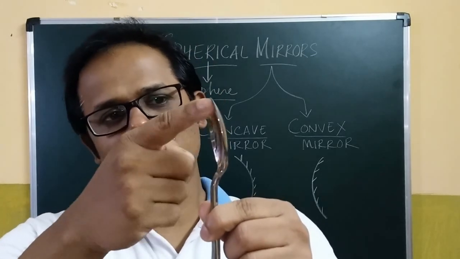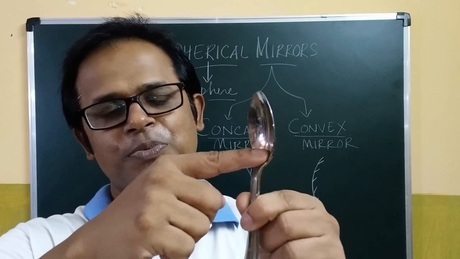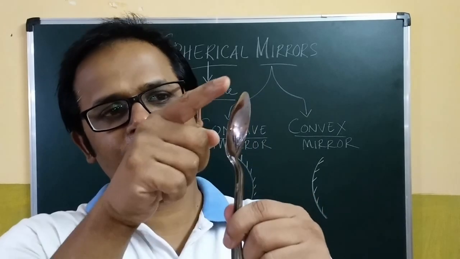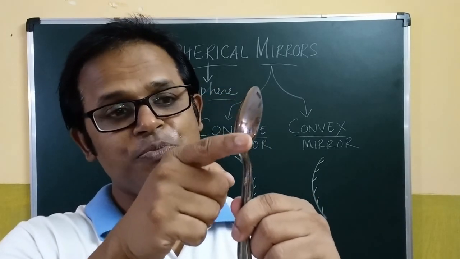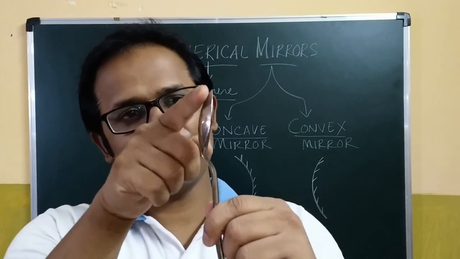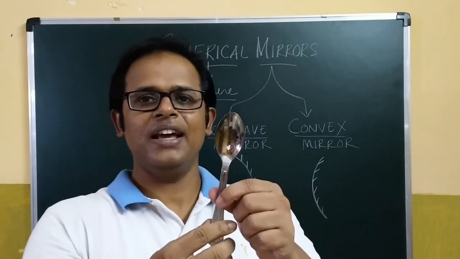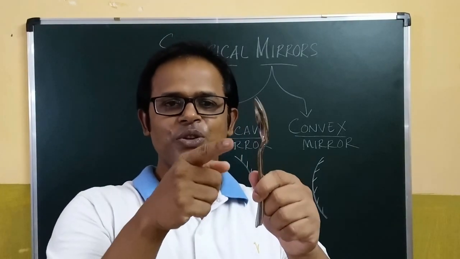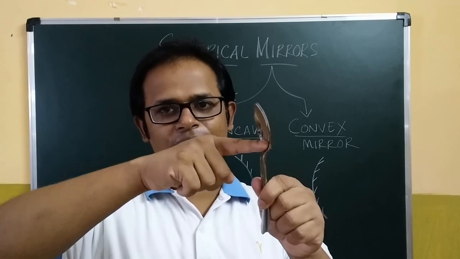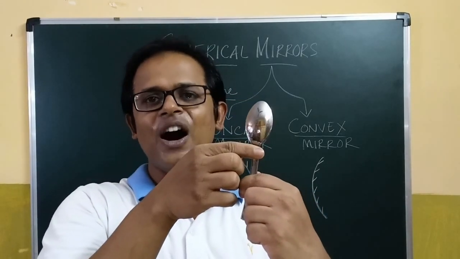This surface will be called the concave surface of the spoon. On the other side, which is also very smooth and polished, it is bulging outwards, so the name will be convex surface of the spoon. Hence, it's very easy to remember. Concave, inwards. Convex, bulging outwards.